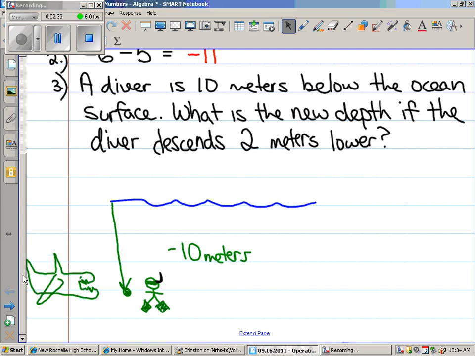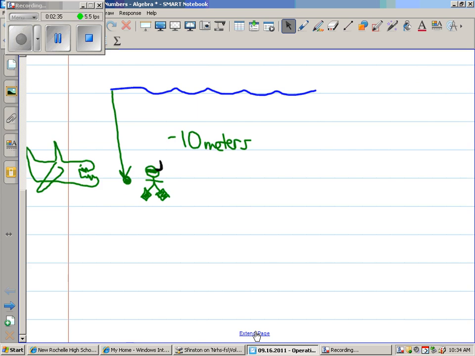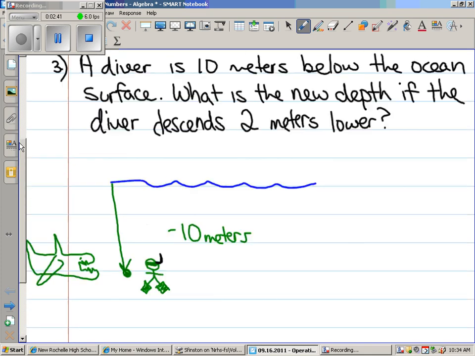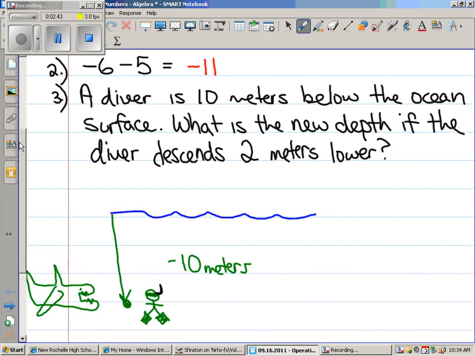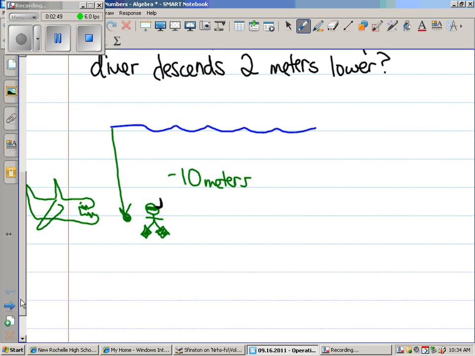So in any event, we put some flippers on our little swimmer because he had to get away from the shark. But then what's the next part of this problem? What's the new depth if the diver descends 2 meters lower? So now he is going to go 2 meters lower, right?